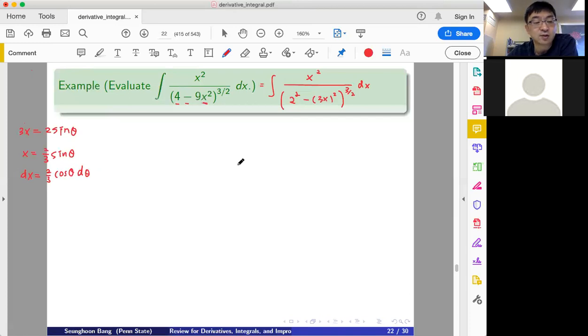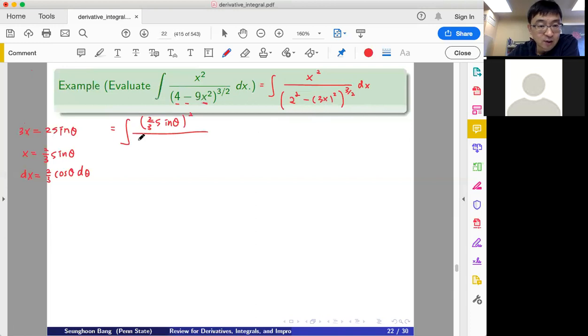So we have this trigonometric substitution. You have to substitute. What's x? x is 2/3 sine theta. We have 2/3 sine theta squared over. In the bottom, you plug 2 sine theta into 3x.